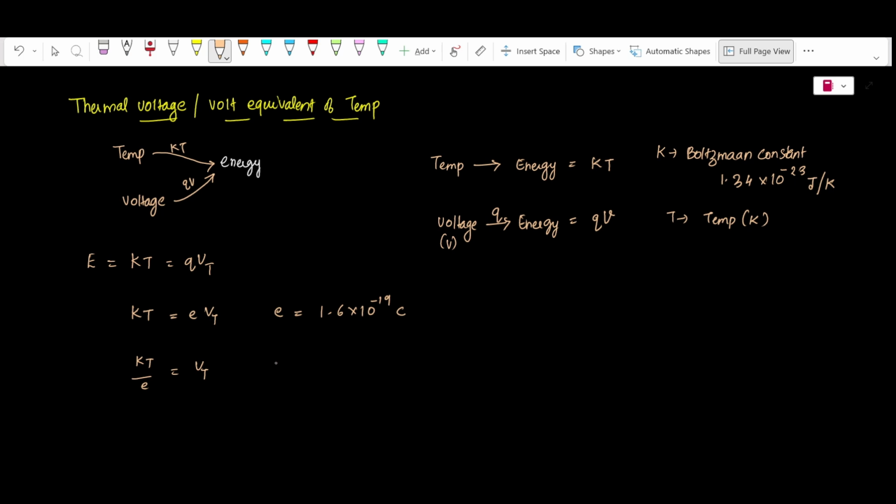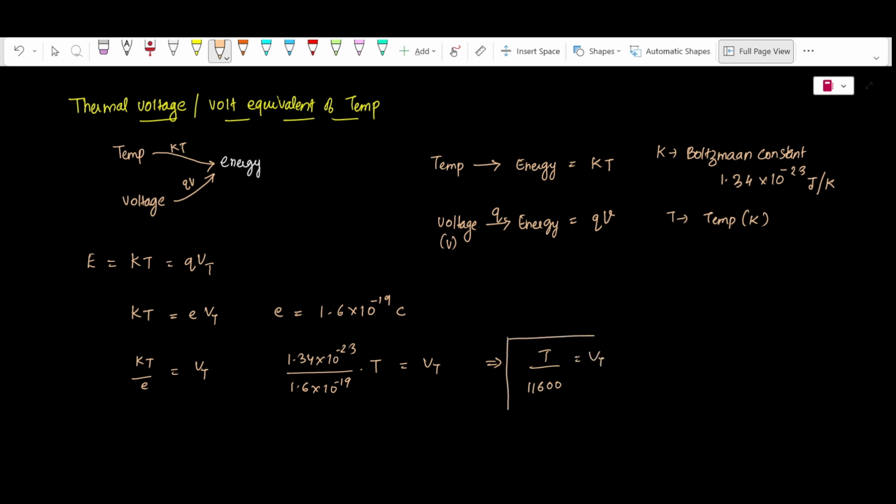Substituting the values, 1.38 into 10 power minus 23 by 1.6 into 10 power minus 19, times T, is my Vt. This is T, not e, a mistake. If I simplify this expression, I get T by 11600 is nothing but Vt.